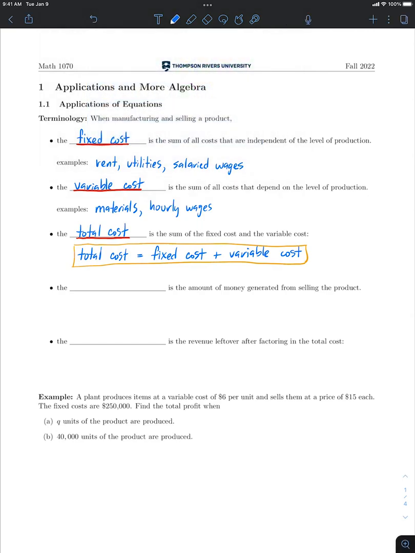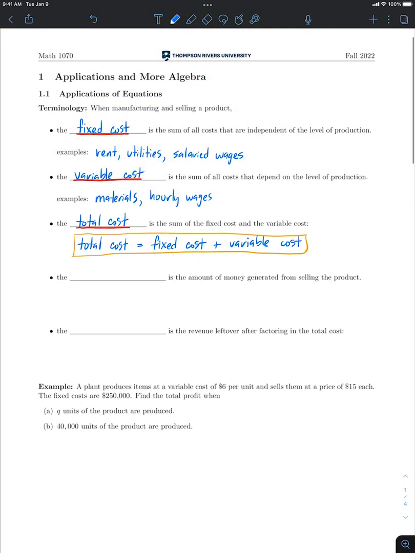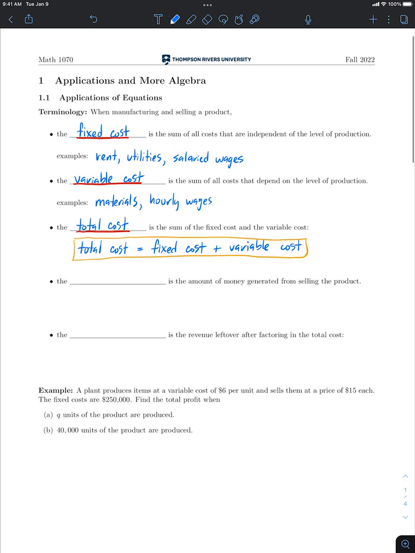Okay, so that's cost. The other side of the coin is revenue, right? So the money that you make from selling a product. So the revenue is just the money that's generated. So whenever you produce a unit of your product and you sell it for a particular price, you're going to generate revenue. So there's a formula for revenue.